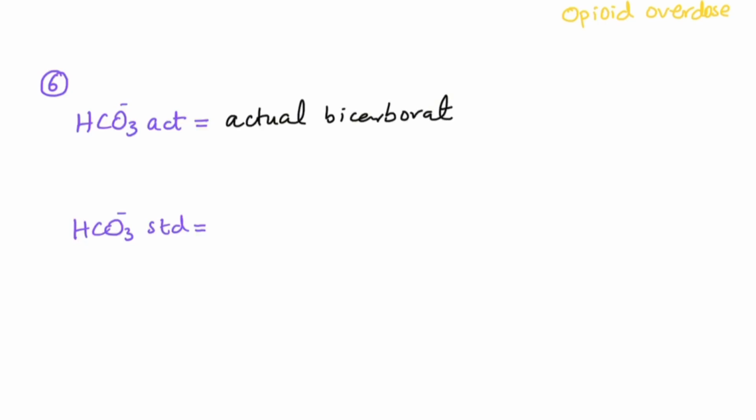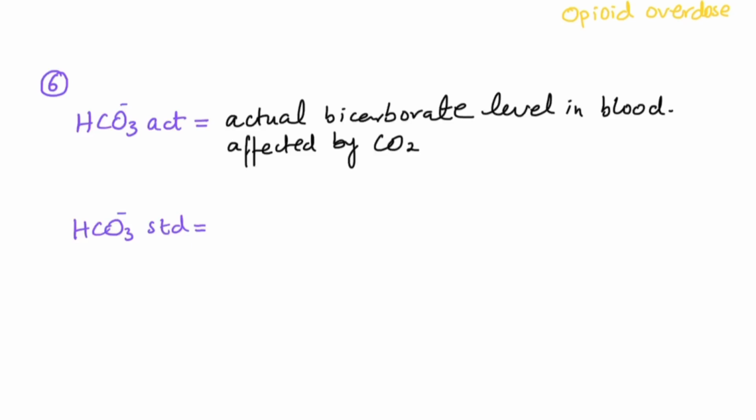The bicarbonate actual is basically the actual bicarbonate level that is present in the blood at that time, and it does contain the respiratory segment, which means basically that the bicarbonate actual level will be affected by the carbon dioxide.